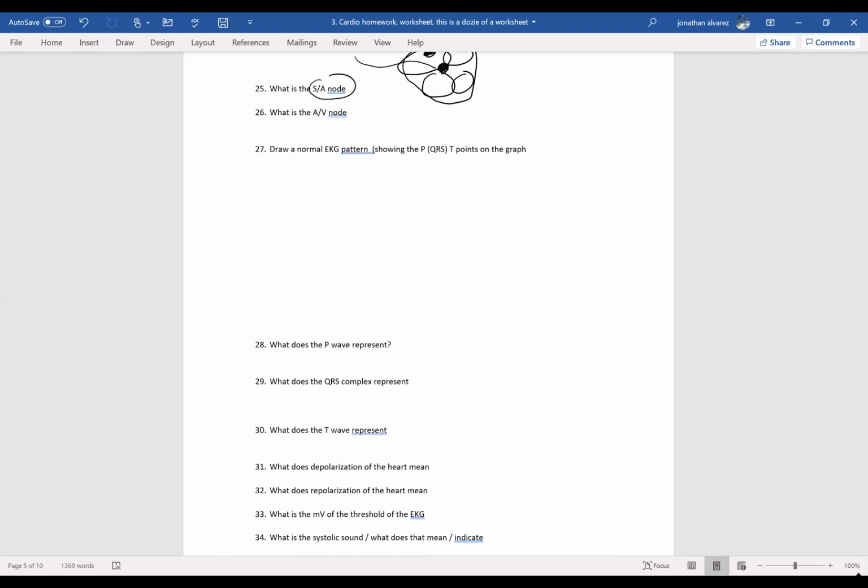Okay, so all right, you got the P wave, QRS, and then T wave. All right.